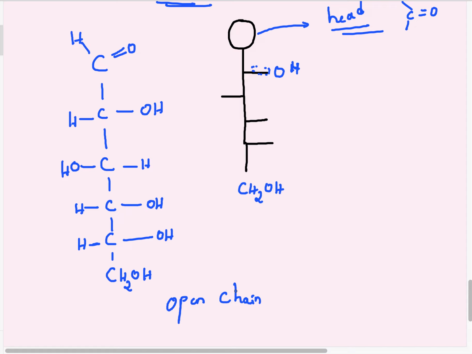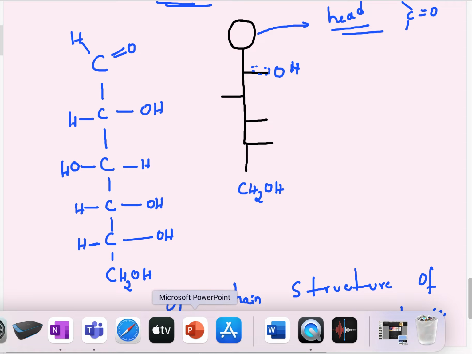That's the reason those structures are confusing for everyone, and that is why I am explaining with shortcuts. It will definitely be helpful in your examination and preparation of biomolecules. If you prepare NCERT, that is more than enough for competitive exams also. This is the open chain structure of glucose. Clear? That's it, students.